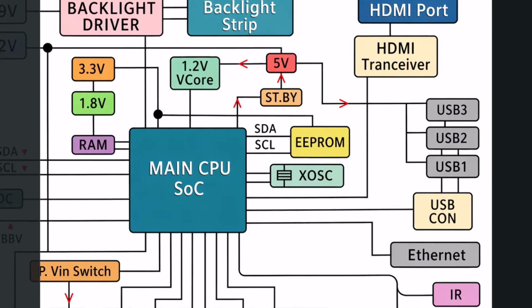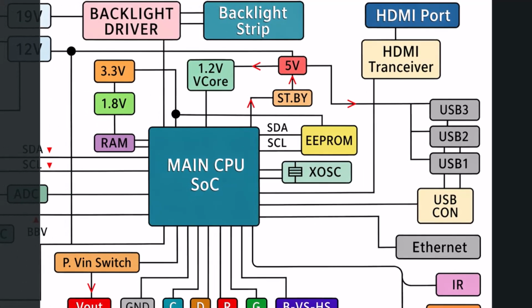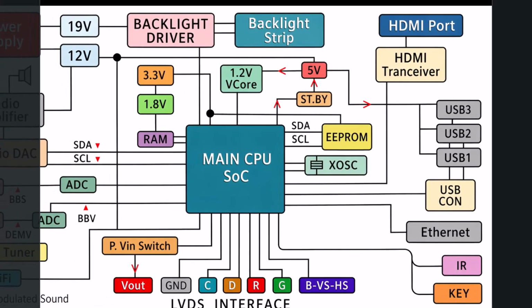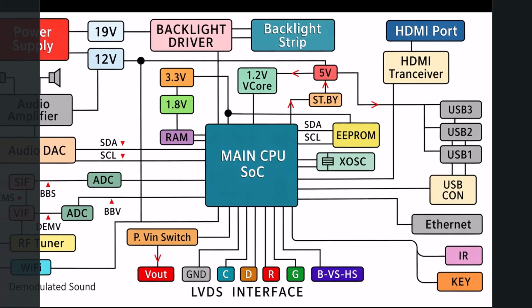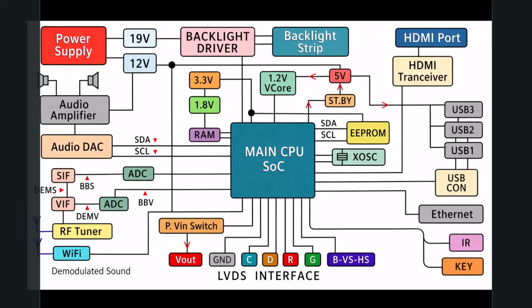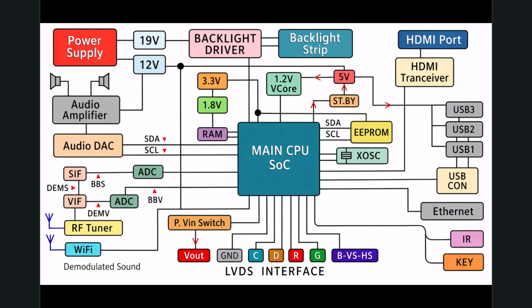Notice the lines labeled SDA, serial data, and SCL, serial clock, connecting the EEPROM to the CPU. These represent the I2C bus, an industry-standard, highly reliable communication protocol used by the processor to read and write this essential data.